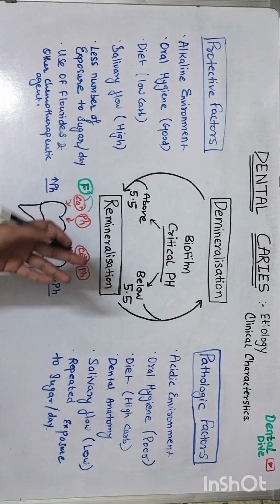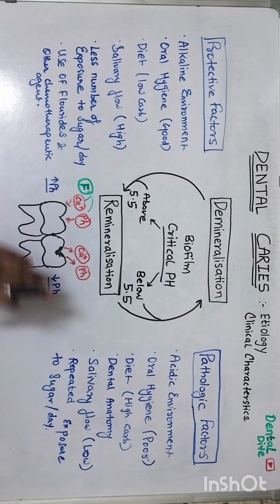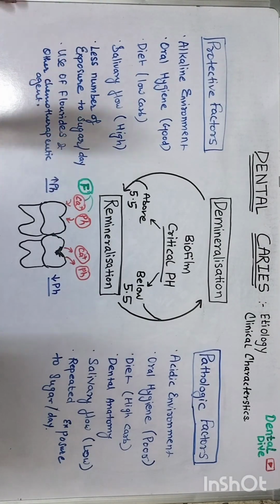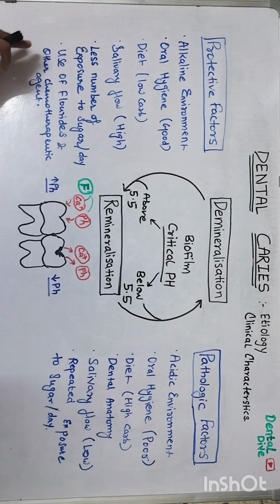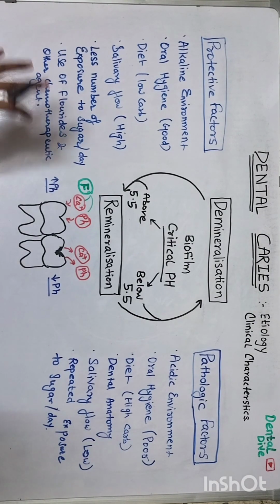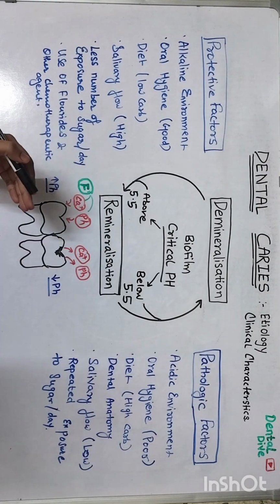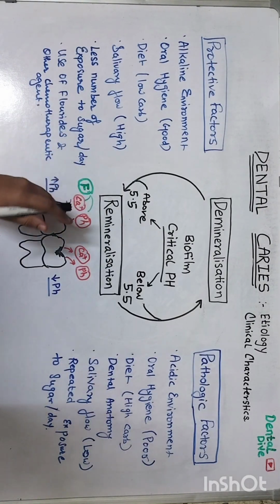If the person has repeated exposure, it will increase the chances of having dental caries. If the person uses fluorides and other chemotherapeutic agents, it will also prevent dental caries. It all depends on the levels of calcium and phosphorus in your tooth structure. If the pH drops below 5.5, then there will be loss of minerals.